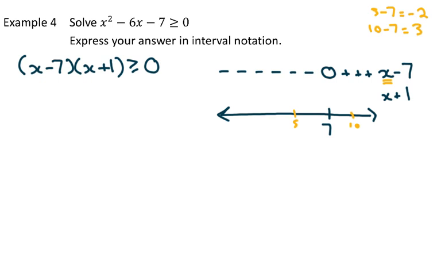Repeat the same process with the x plus 1. What number would you have to substitute in for x to turn x plus 1 into 0? That happens to be negative 1. Negative 1 would make that turn into 0. Again, two sides. Pick a number on the left of negative 1.